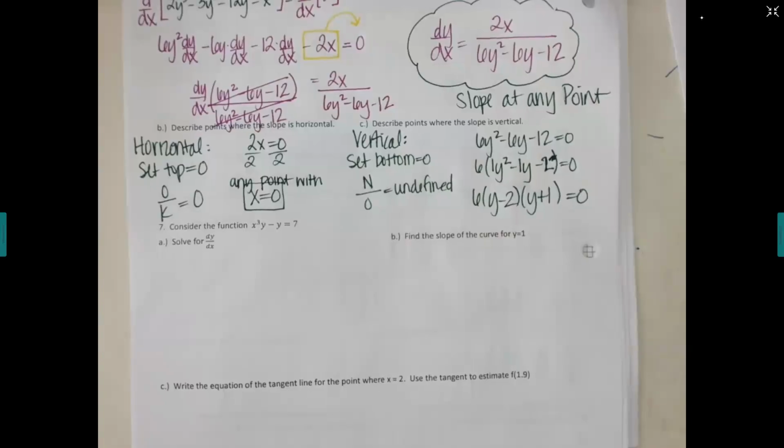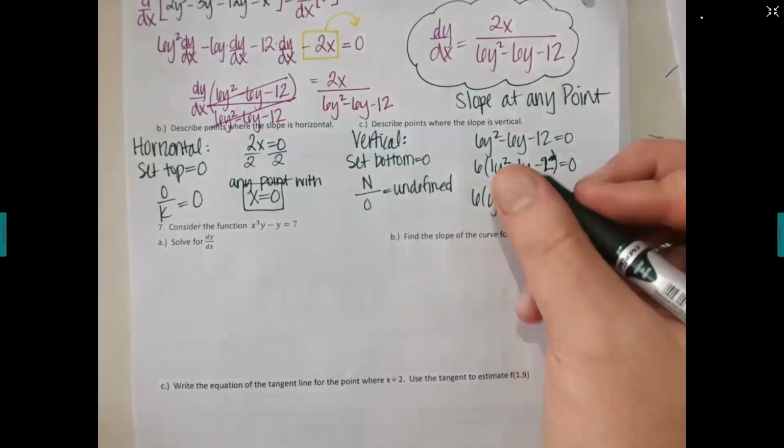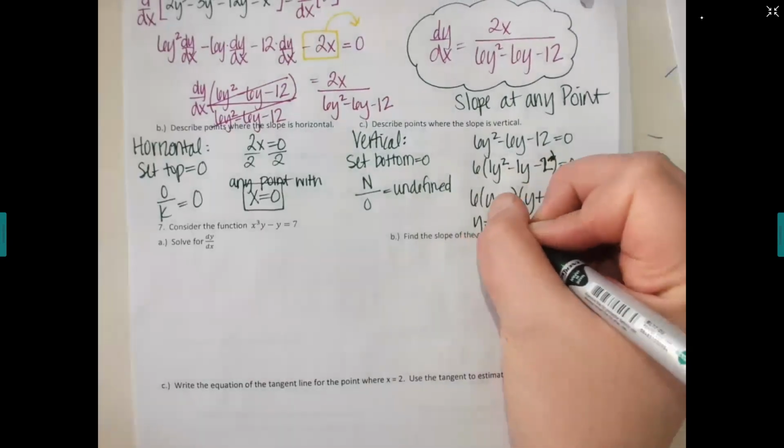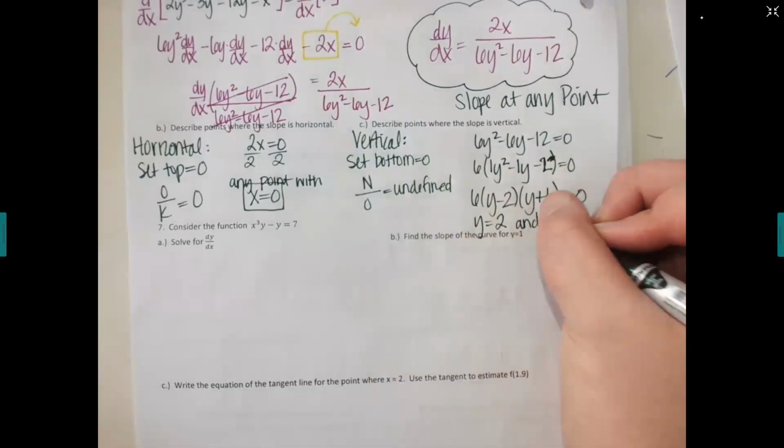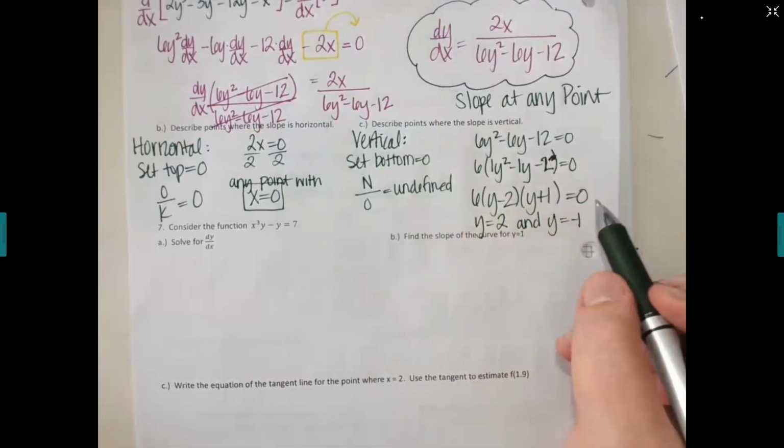And then remember from there, that means my solutions are the opposite of what those parentheses say. So if it's a -2 here, then my y is a 2, and if it's a +1, my y is a -1.